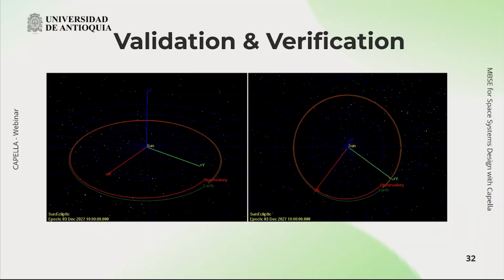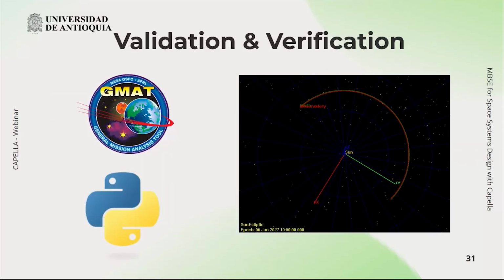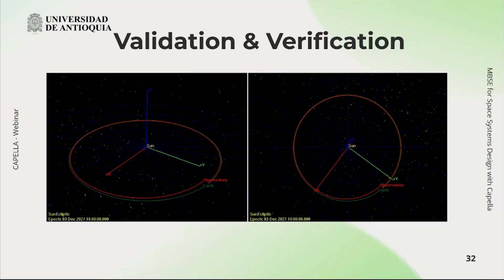As many of you may know, validation is related to answering the question of whether we built the correct system, and verification is related to answering whether we built the system correctly. So in this case, we can validate the selection of the orbit because here we can see that the observatory is always following the L1 point and pointing in the sun's direction, but also each requirement must be verifiable.